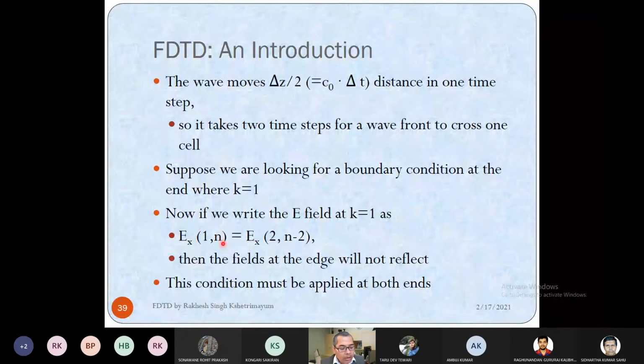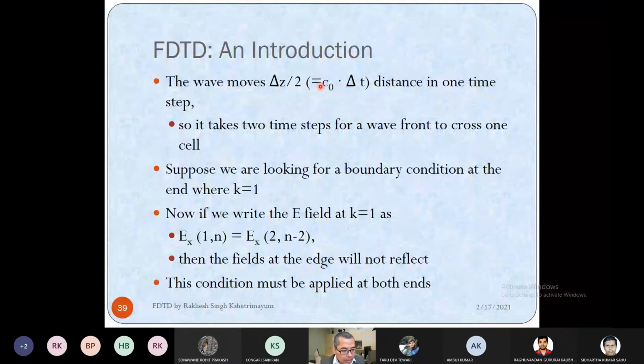And somehow I force the electric field at the next discretization element, that is k equal to 2, Ex[2, n-2]. So you know that waves need at least 2 delta t to move a distance of delta z.